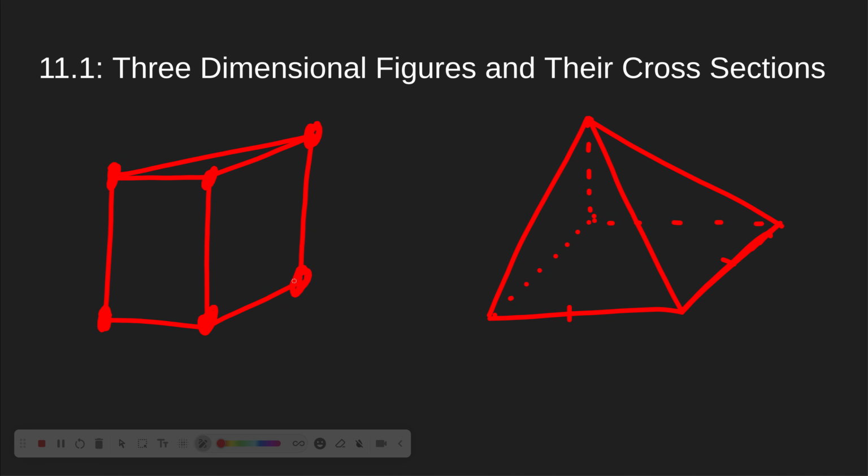Does anyone know the name of the segments in a 3-dimensional figure? Starts with an E. Those are called edges. Okay? And then, does anyone know what the polygons are called in a 3-dimensional figure? The 2-dimensional sides. Those are called faces.